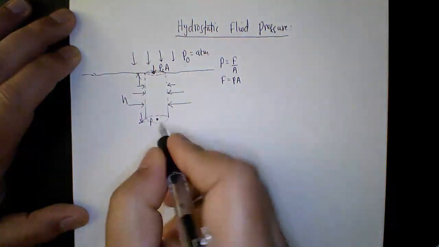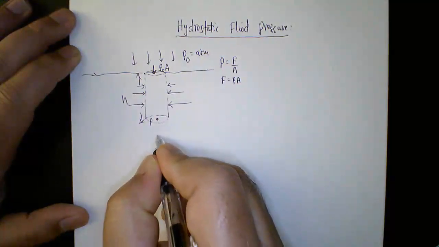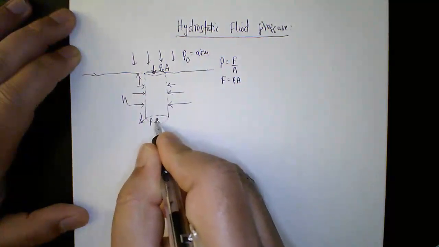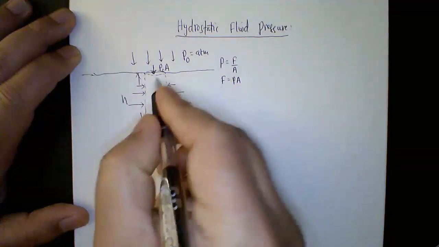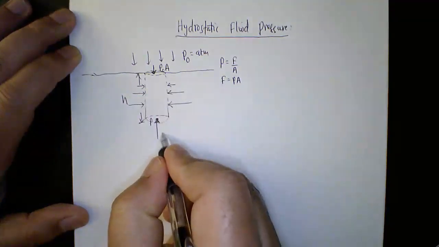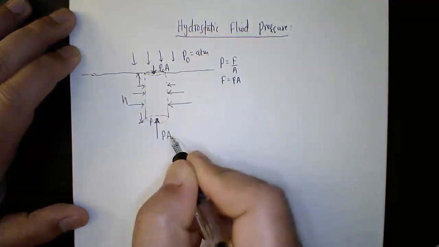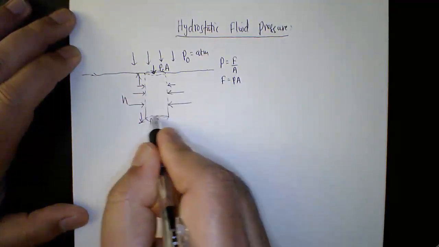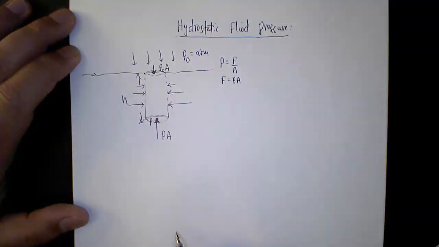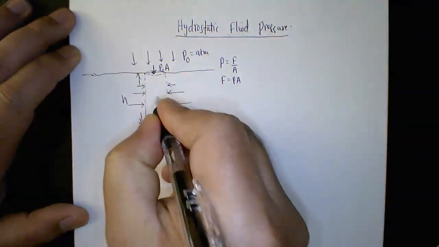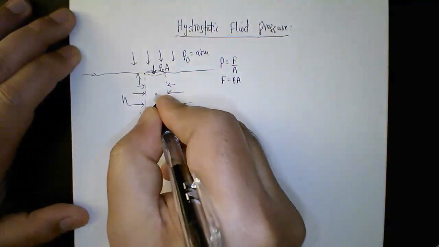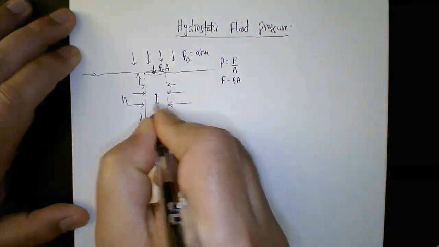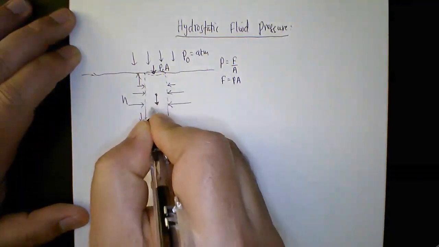Similarly, you have a pressure force acting on the bottom of this imaginary cylinder, which we call PA. The cross-sectional area of the cylinder is the same, right? And there's one more force at the center of gravity: mass times gravity.